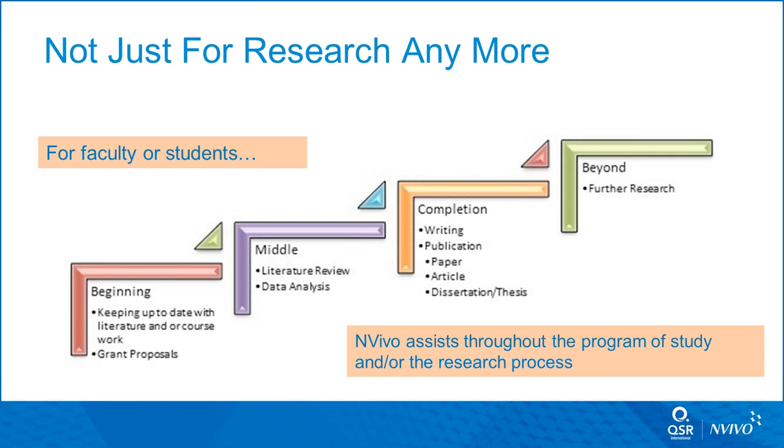And also very helpful is the fact that once you've collected this data and you've organized it, in one study you may be looking at it from one perspective. Well, later on, you could go back to that same data and approach it from a different perspective or a different question. But once you've created that NVivo project, that data is all organized and available.